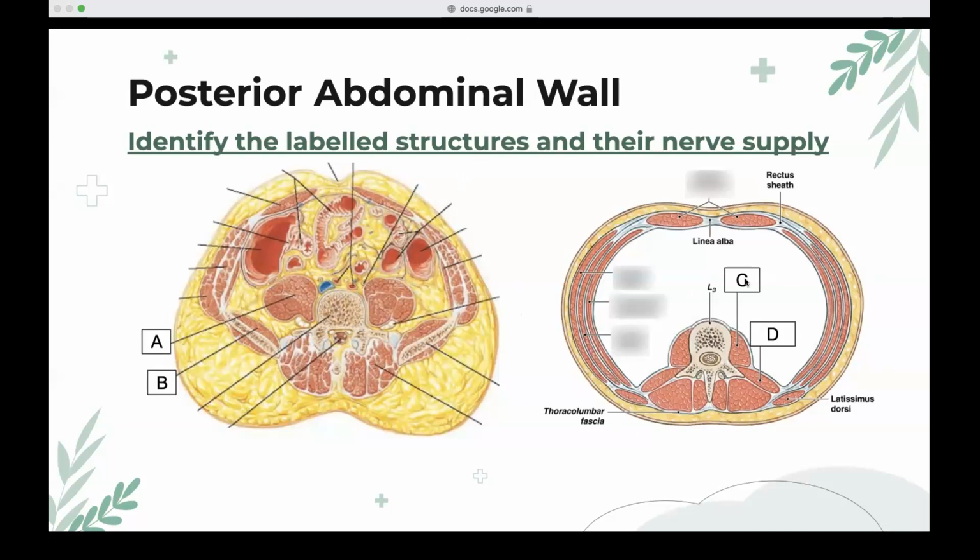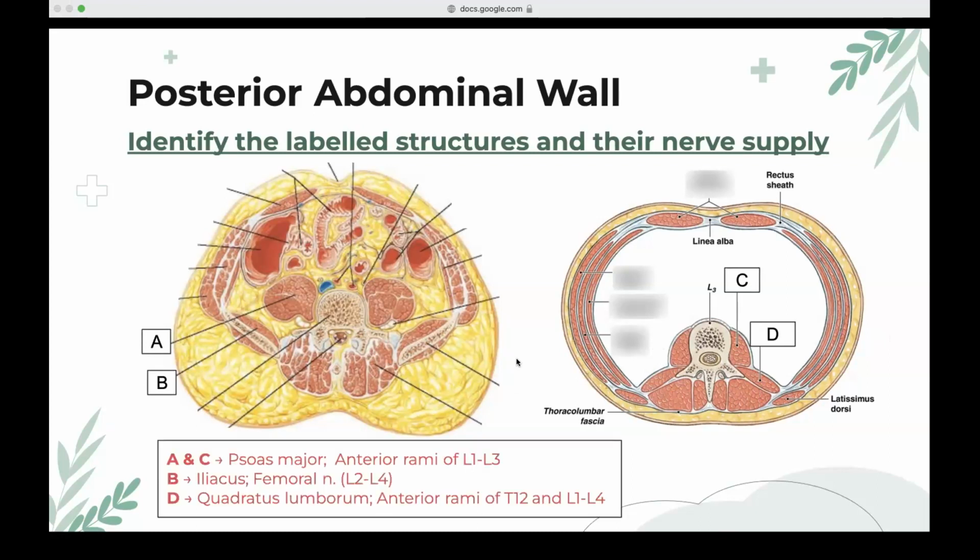C. Psoas major. Yep. And D. It's another muscle that's posterior. Quadratus. Exactly, yeah, quadratus. So you can differentiate the quadratus from the iliacus because iliacus is right on the iliac spine. Quadratus is a bit more superior. And it's behind the psoas major at one point. It's more medial, basically.